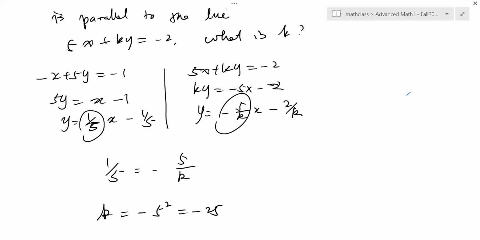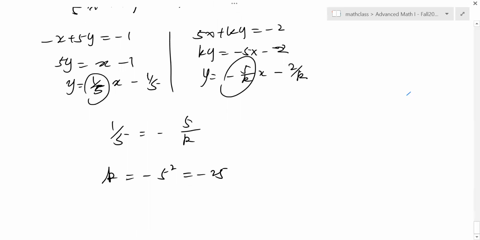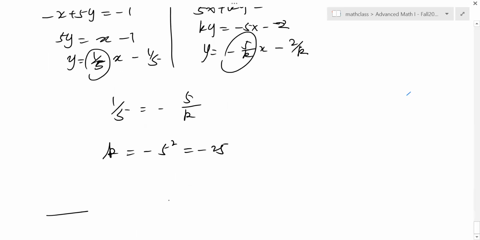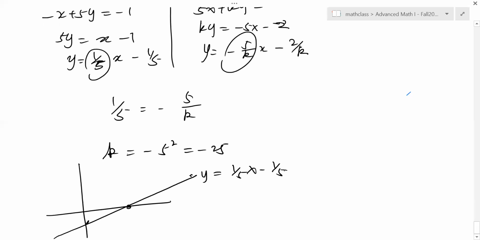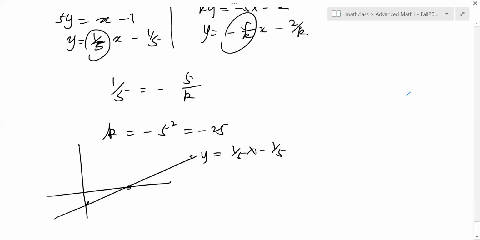Okay, so when the k changes, right, the first line is fixed, and it has a positive slope, it looks like that. The other line has a slope of -5 over k, but when k changes, the slope all changes, even the y-intercept is changed. So you have a bunch of lines like that.